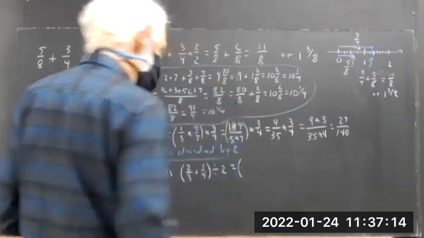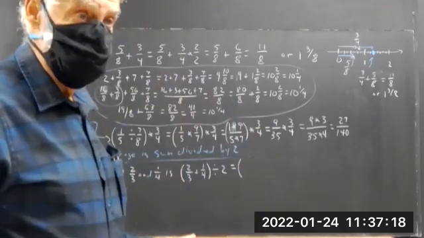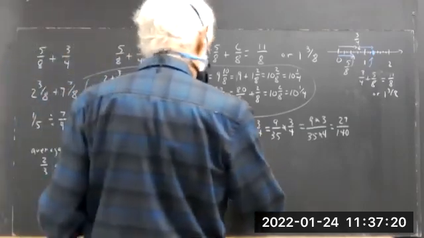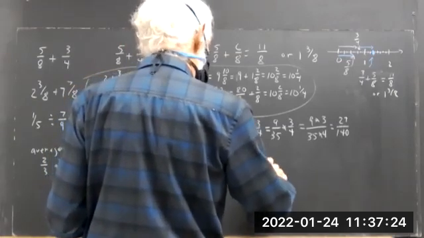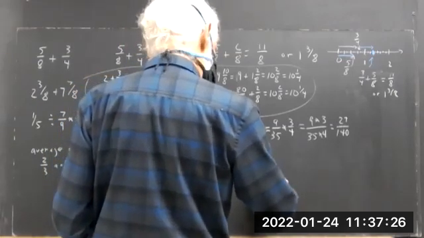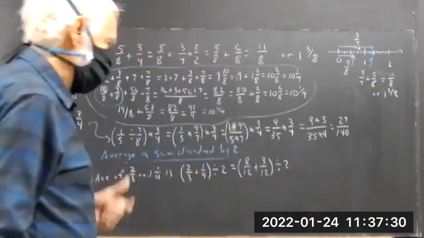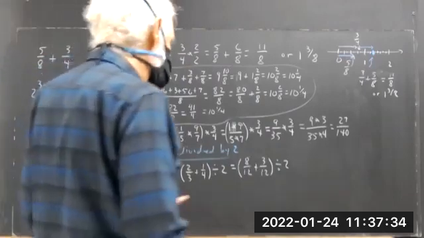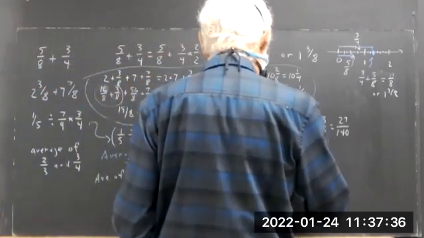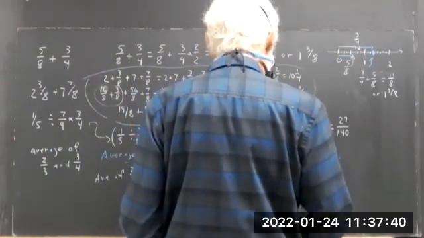Okay, well, without going through the details, 2/3 is 8/12, 1/4 is 3/12. So if you go through the process, you're going to get 8/12 plus 3/12. It's this divided by 2, right? And that adds up to 15/12.